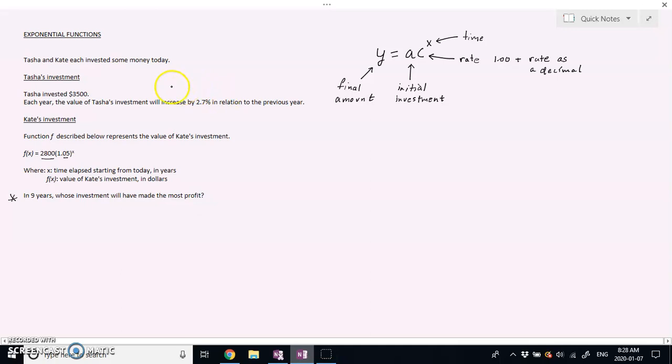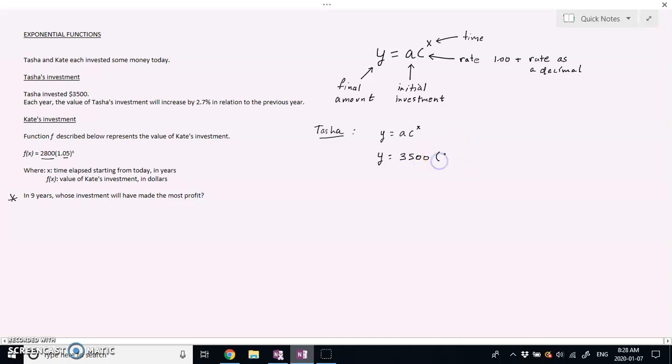Well, one thing I noticed going back up to Tasha's investment is that there's no rule for this, so we should probably make one. So I'll put this here. I'll just put who we're talking about. And I know that I have my general rule, which is y equals ac to the x. And I'm interested in placing my initial investment in the A spot, which is 3,500.